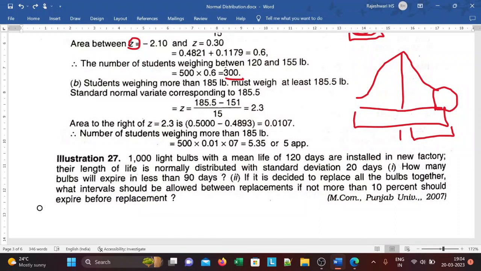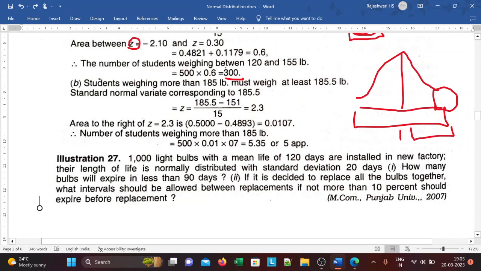How many bulbs will expire in less than 90 days? If it is decided to replace all the bulbs together, what interval should be allowed between replacements, if not more than 10% should expire before replacement?